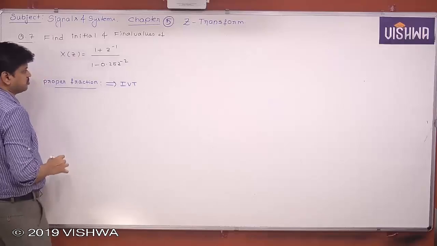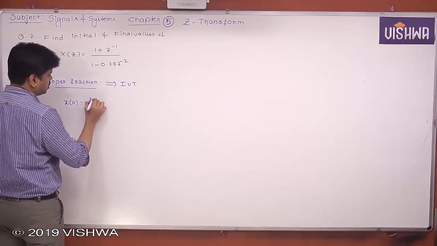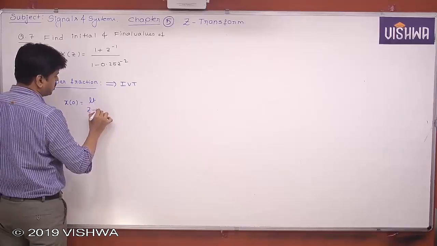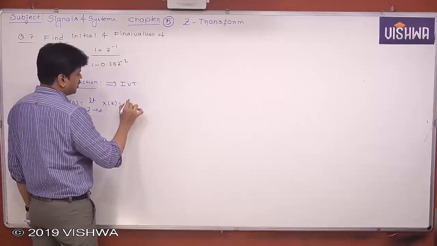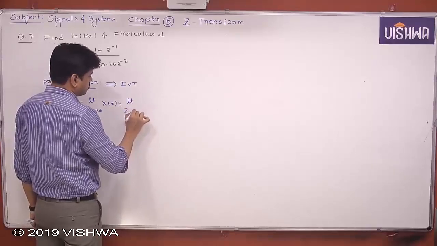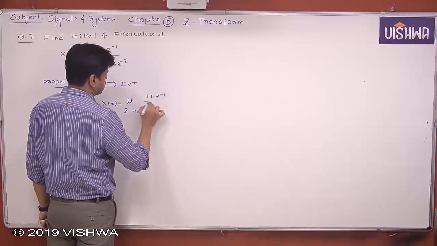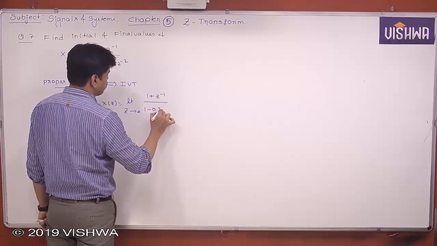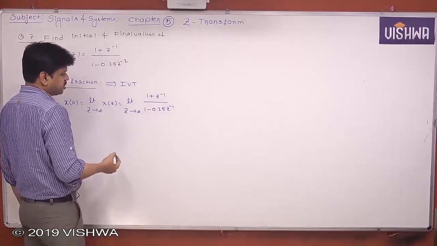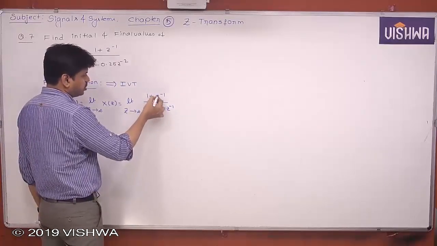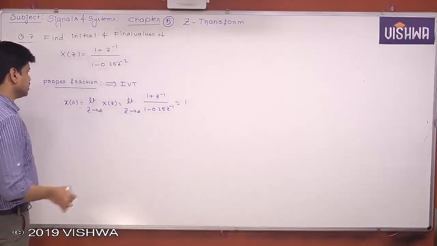What is x of 0? Limit z tends to infinity x of z, that is 1 plus z inverse by 1 minus 0.25 z inverse. If I directly substitute z inverse as infinity, this value is 0, this value is 0, and finally we get 1. That is the initial value.